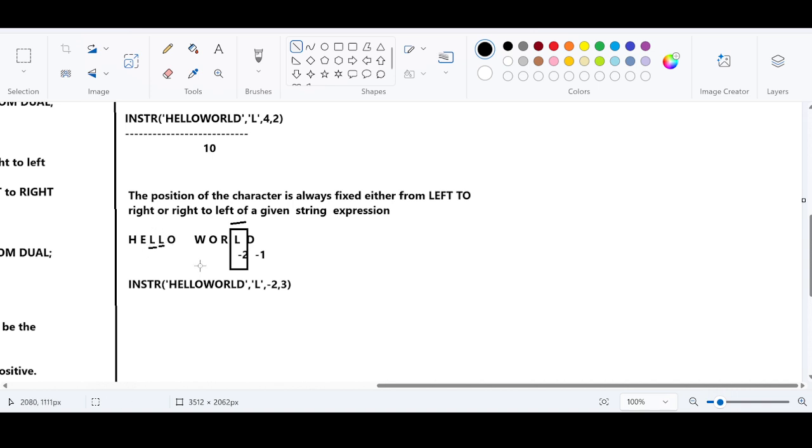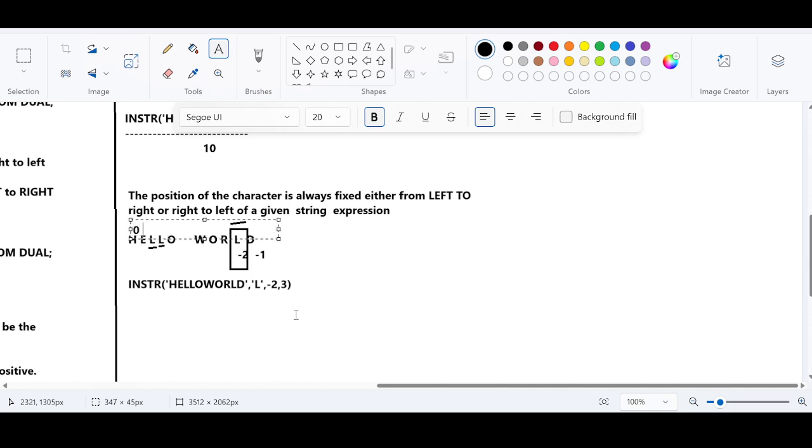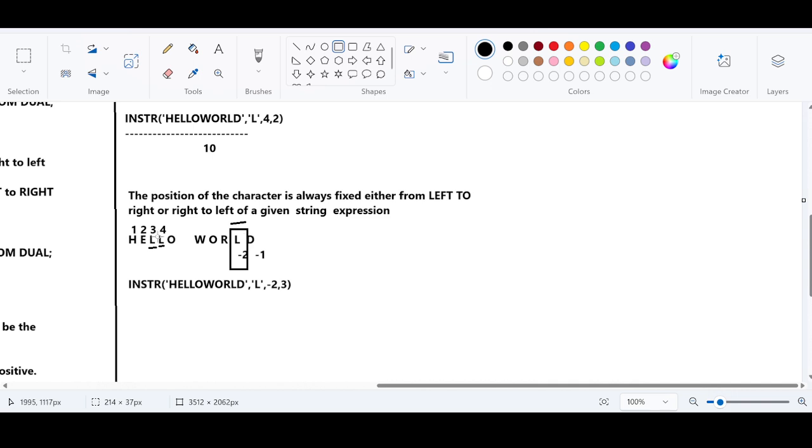And if you talk about the positions, the indexes are always from 0, 1, 2, 3. Even if you change the direction, the indexes are going to be counted from left to right. You are getting the third occurrence from this direction, so get that index, which is 3 itself.